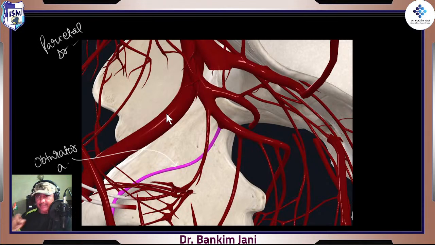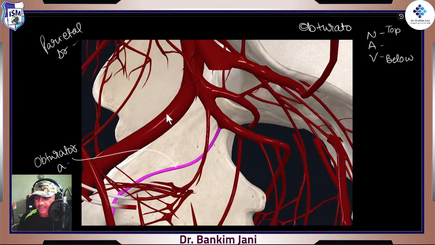And in the obturator, you remember we said nerve, artery, vein. That's how they are arranged. So the nerve is on the top. After that, there is the artery, and the vein is below. This is the arrangement for the obturator, right?